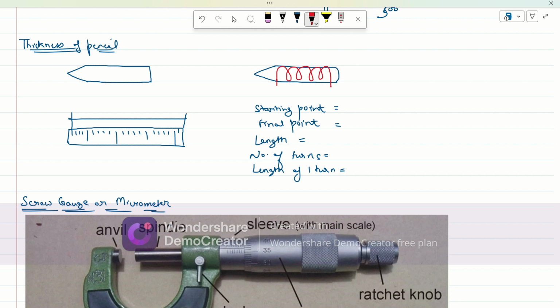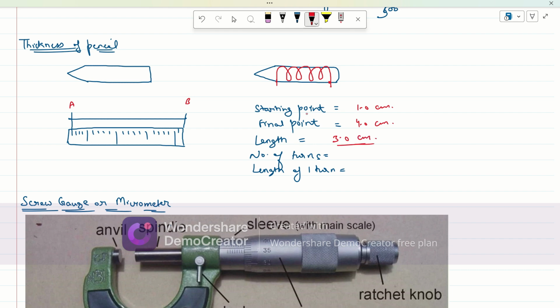Now you will unwind the thread. Let's say this is the starting point A, this is the final point B. Let's say the starting point is kept at 1.0 centimeter. The final point is coming at 4.0 centimeter. Now the total length of the string will be 4 centimeter minus 1, that is 3.0 centimeter.